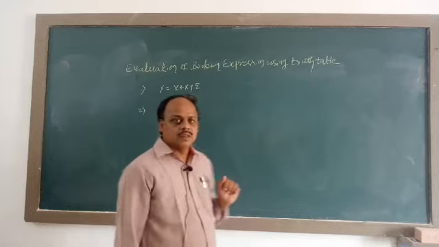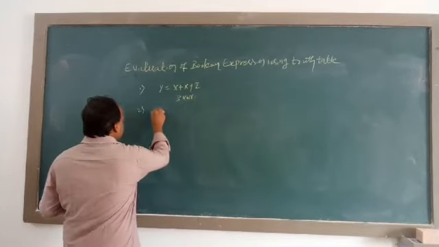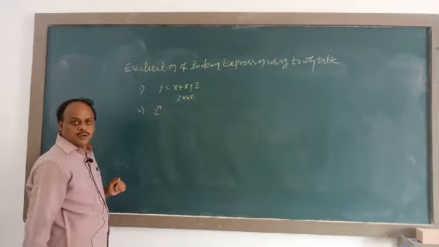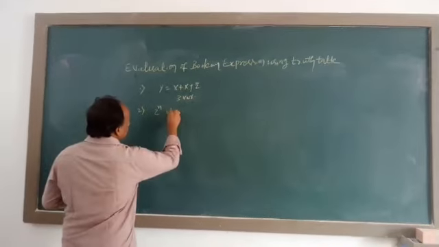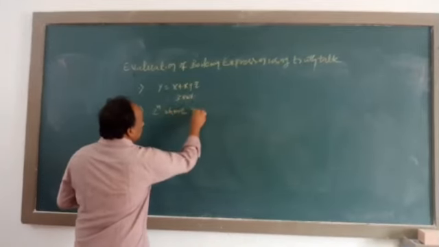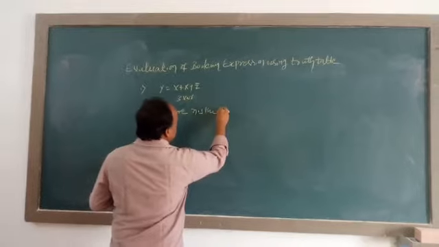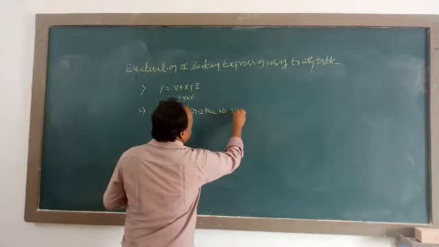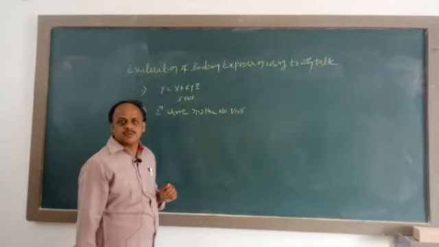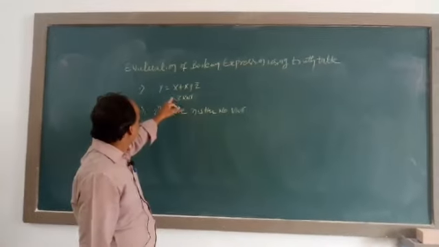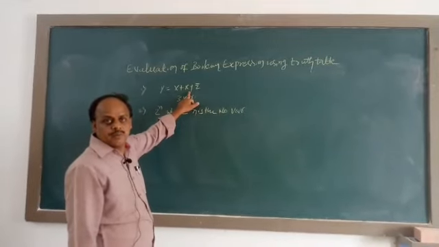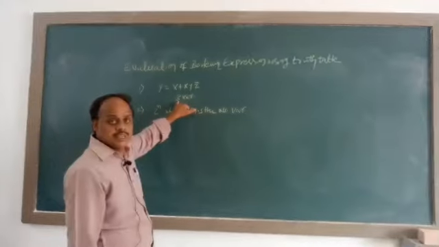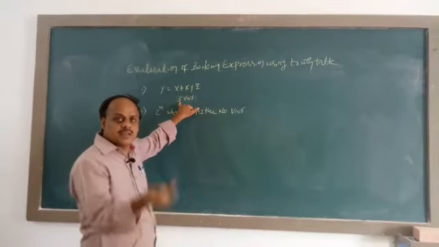That is using the formula 2 power n, where n is the number of variables in the given expression. Here how many variables are there? 3 variables.